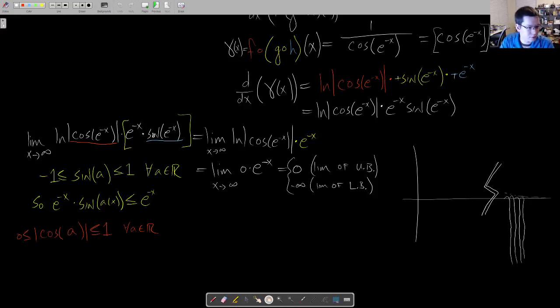Graph of absolute value of cosine e to the negative x times e to the negative x times sine e to the negative x.